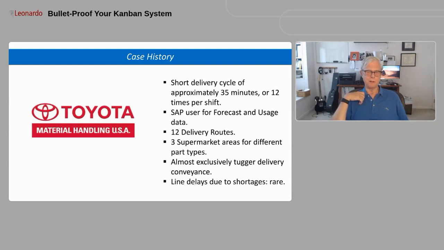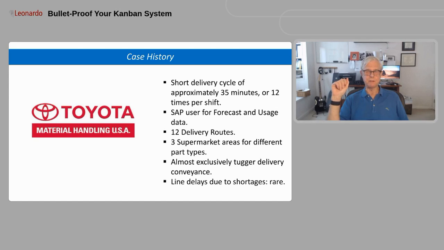So we'll cut to the chase here. The company that's actually doing this that I have most familiarity with is our friends at Toyota Material Handling in Columbus. Some of the characteristics of their Kanban system, which works extremely well, is this. They have a short delivery cycle. When I first saw this, I thought wildly short, wildly crazy, but I'm starting to appreciate the rationale for this.